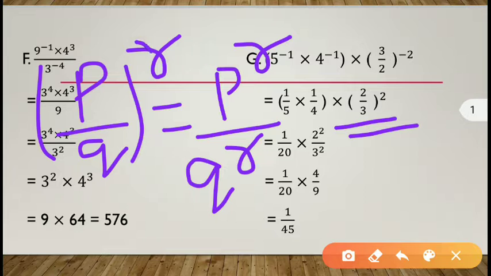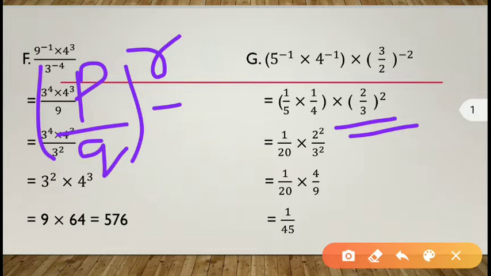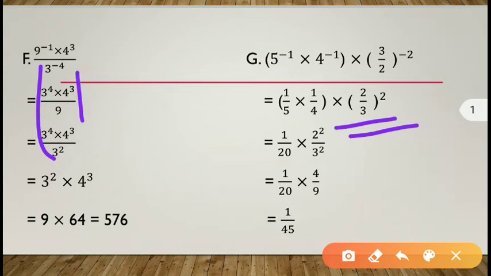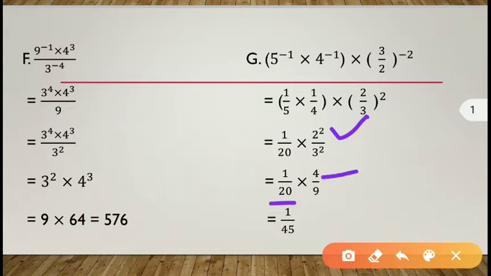Means this power will go in the numerator and in the denominator. So 2 by 3 to the power square means 2 square upon 3 square. 1 by 1, the power will go on both the numerator and the denominator, so this will be as it is. 2 square means 4. 3 square means 9.